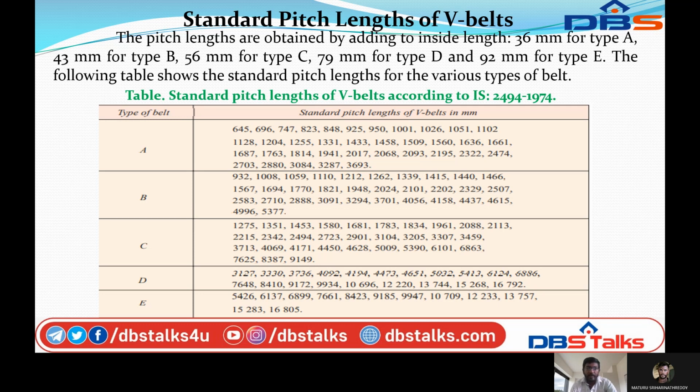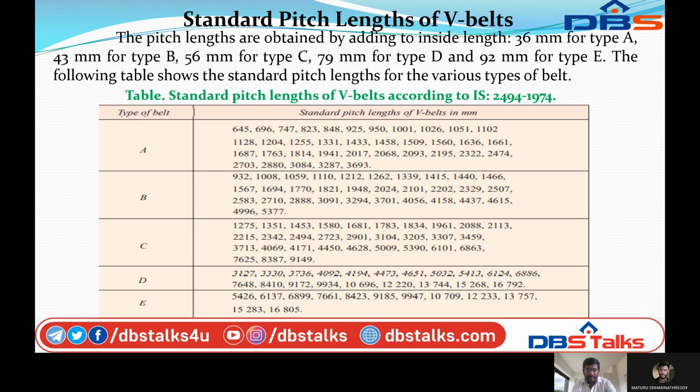So this is the pitch length of the V belt in type B. In type C, the belt lengths start from 1275, 1351, 1453, 1580, and range up to 9149. This is the final value of the standard pitch length of the V belt in type C.